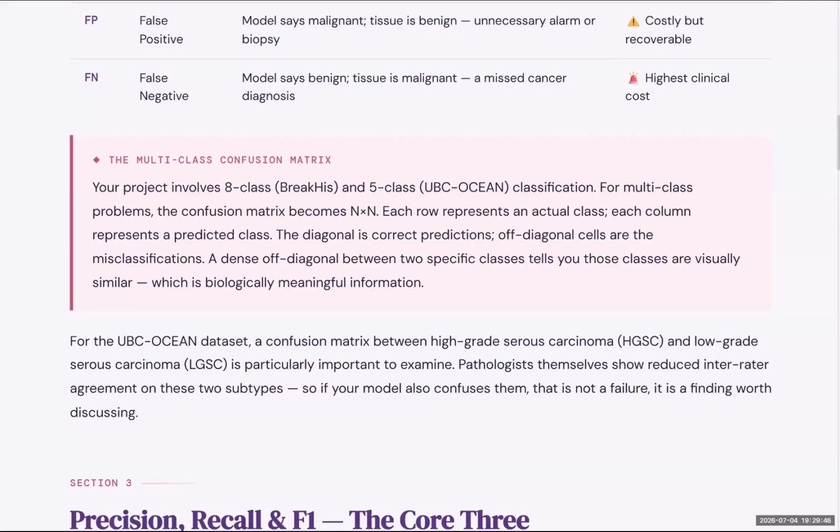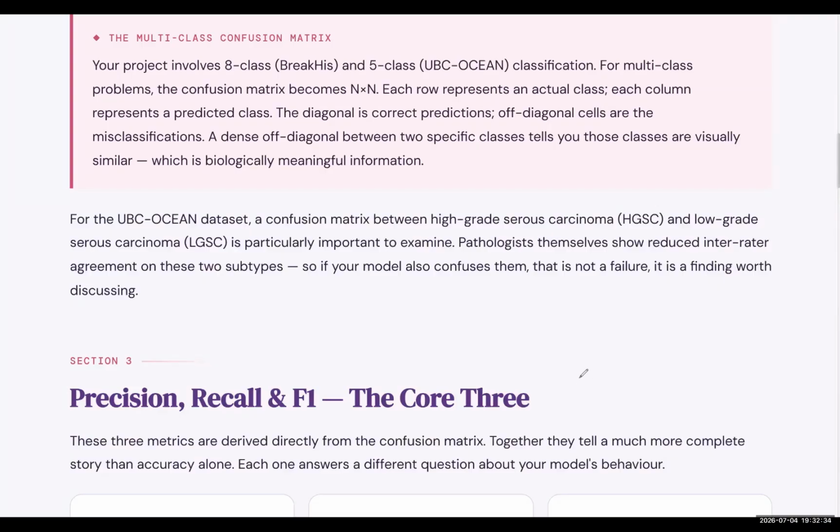So coming back to our website. For the UBC ovarian data set, the confusion matrix between high grade serous carcinoma and low grade serous carcinoma is particularly important to examine. So the predicted model classes were A, B, C, D, E. First we put them row wise, and we also put them column wise, A, B, C, D, E. So A to A, B to B, C to C, D to D, E to E. If it was predicted as A and it is really A, this box will give you that number.